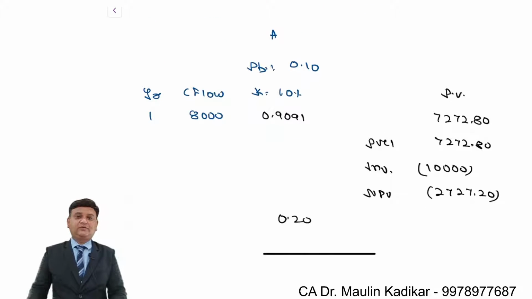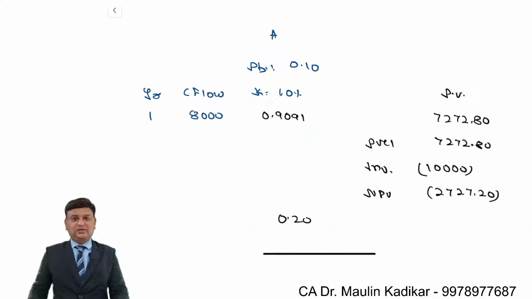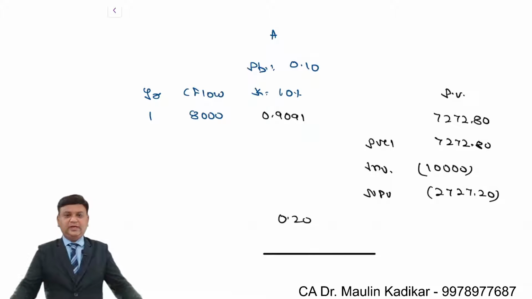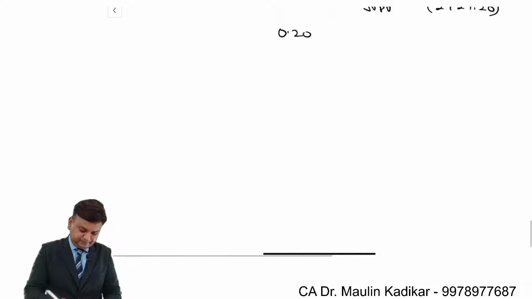Then the mean NPV will be calculated for the project. This is an alternative method. So I request all of you to write down the alternative method, please. Friends, this alternative method is quite lengthy. However, this is an introduction for the new question, so I request all of you to write this method.